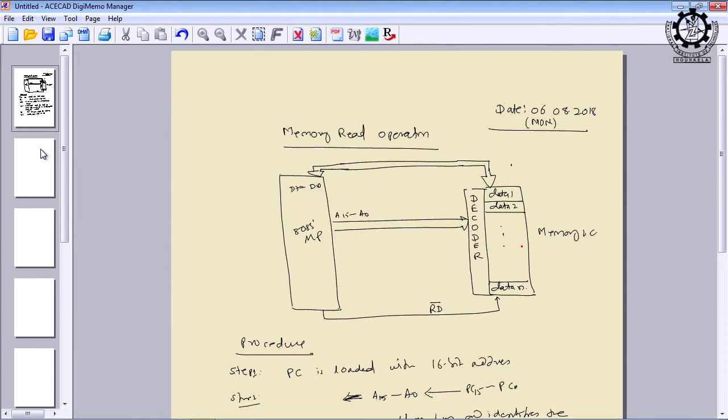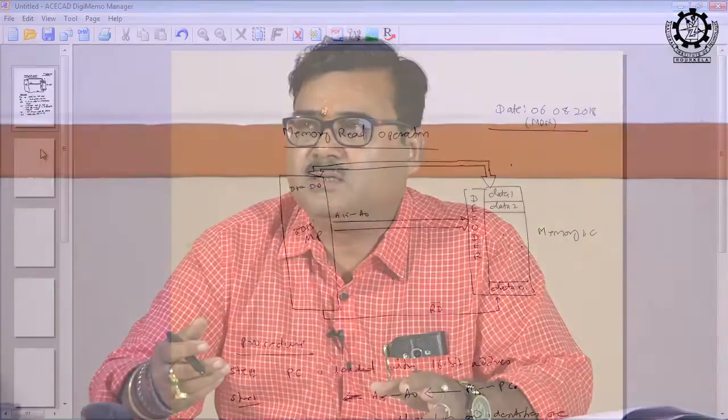Suppose you are reading data from a floppy disk, magnetic disk or hard disk, then that will be treated as a device. That comes under the IO operation, input and output operation. As far as memory is concerned, we are discussing the primary memory, or semiconductor memory, or core memory. All 3 mean the same, right.